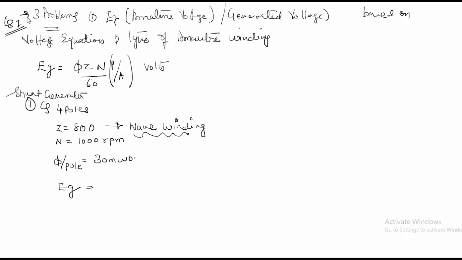So the Eg is equal to 30 into 10 raised to minus 3 into Z, which is equal to 800, into number of RPM, which is equal to 1000, divided by 60.